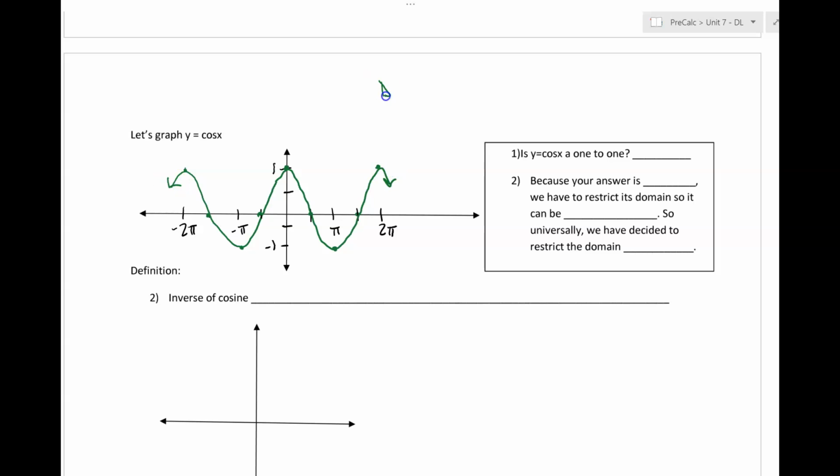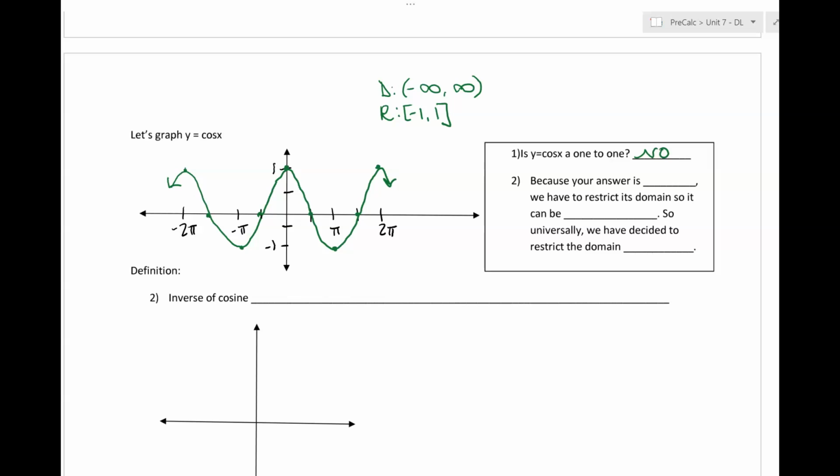Okay, so our domain's similar to sine, which was really nice. The similarity is all real numbers. We know that the range is also -1 to 1 inclusive with the brackets. Now, is this function 1 to 1? And our answer is no, because again, the y values correspond to more than one x value.